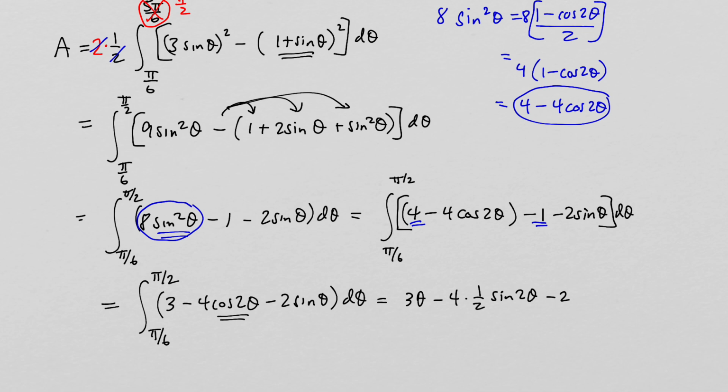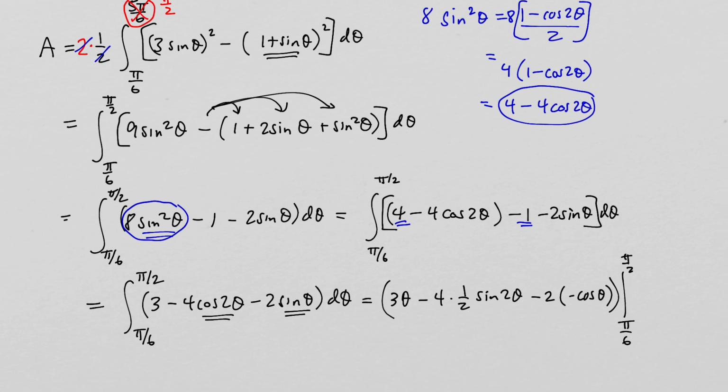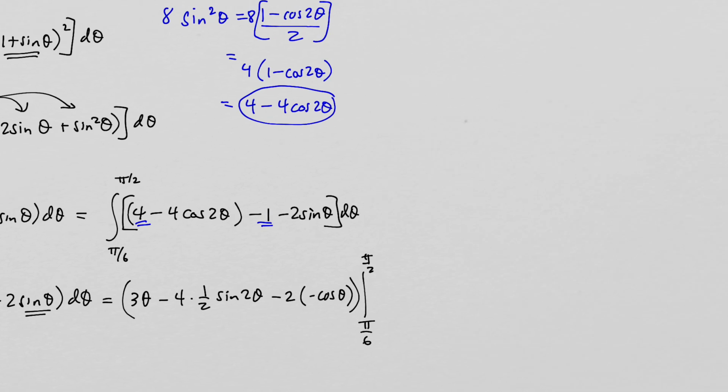And then minus 2 times the antiderivative of sine, which is negative cosine of theta. And again, we're going to apply our limits of integration here. Let's clean this up a little bit. So we have 3 theta minus 2 sine of 2 theta, and then plus 2 cosine of theta.